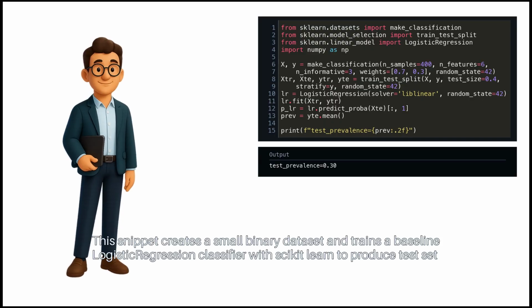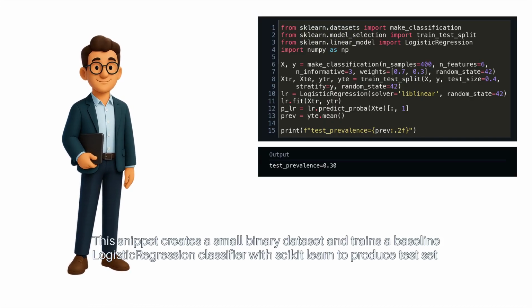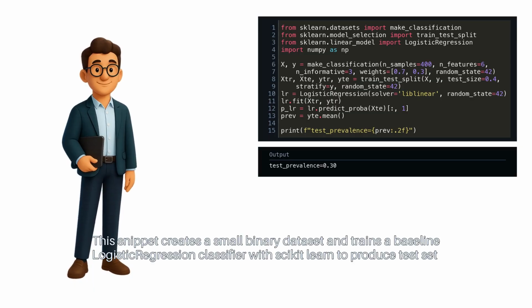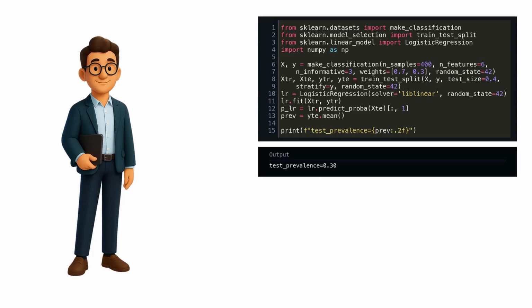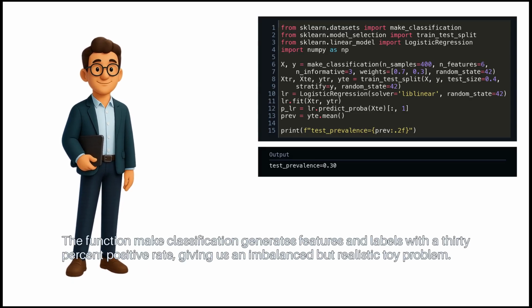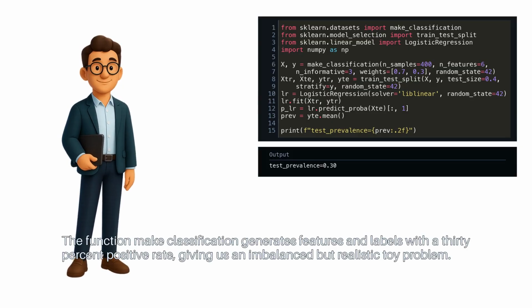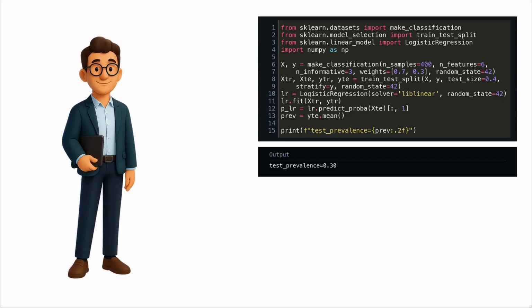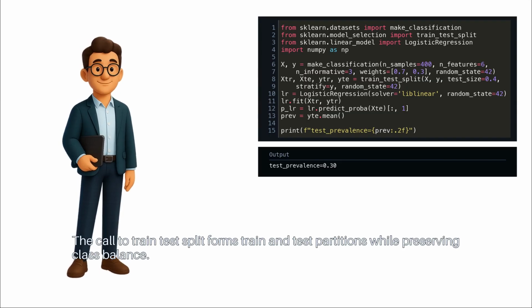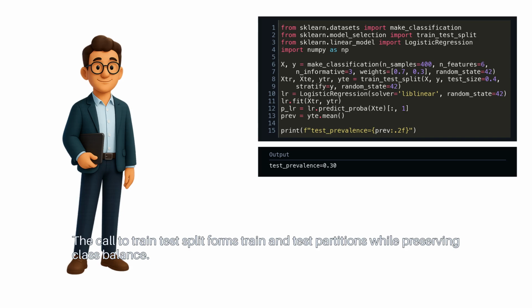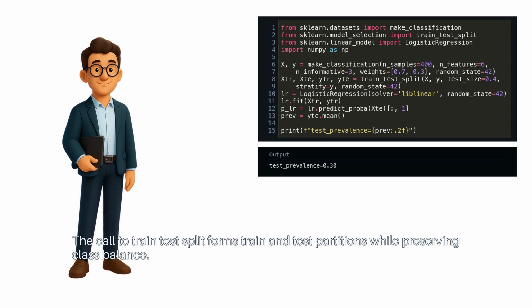This snippet creates a small binary dataset and trains a baseline logistic regression classifier with scikit-learn to produce test set probabilities. The function makeClassification generates features and labels with a 30% positive rate, giving us an imbalanced but realistic toy problem. The call to train test split forms train and test partitions while preserving class balance.